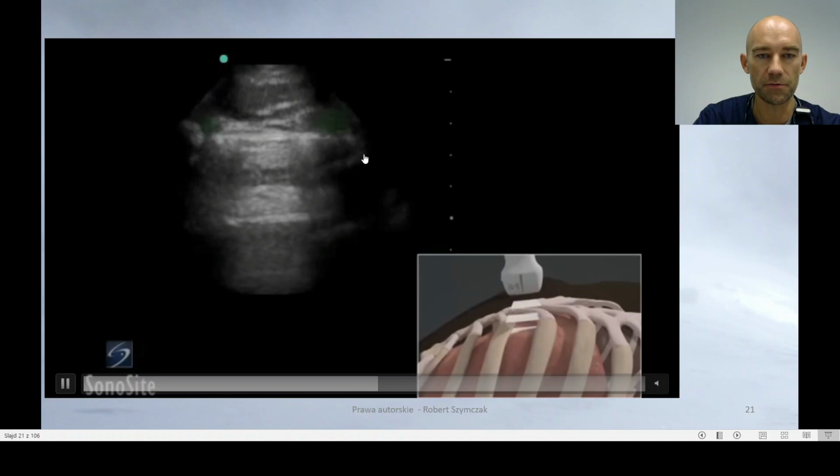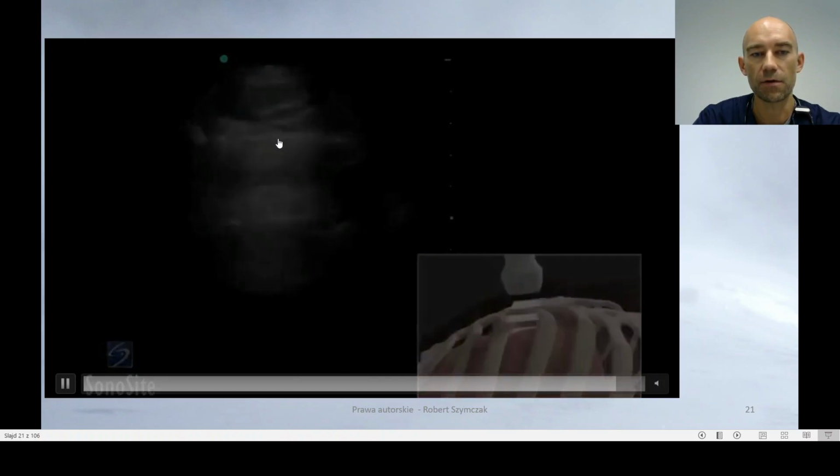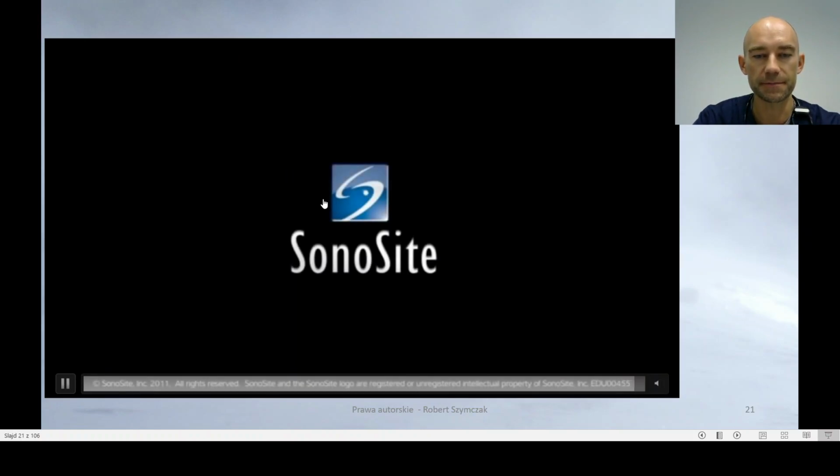So those are the ribs. Here we've got the pulmonary pleura, which moves when the patient is breathing, so you can see this movement, and it's called sliding of the pleura. When you see the sliding of the pleura, it means that there's no gas between the thorax wall and the lung, so it excludes pneumothorax.